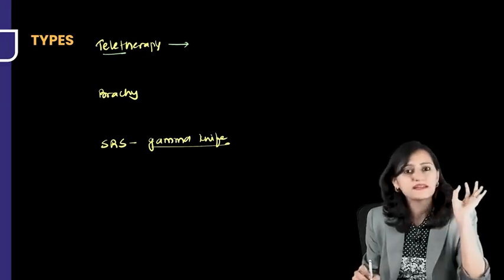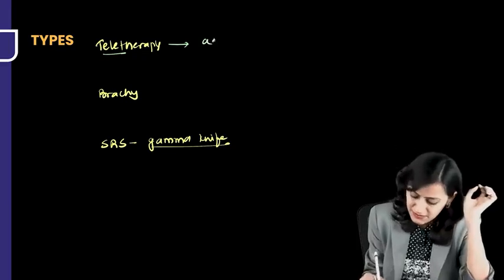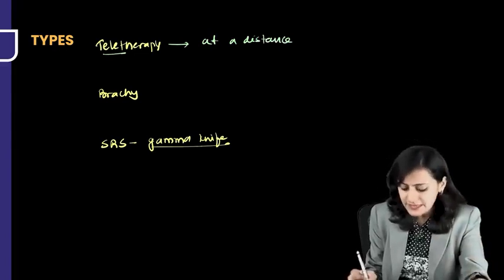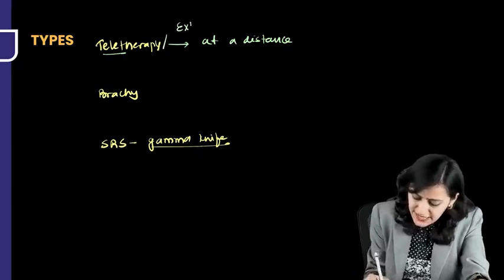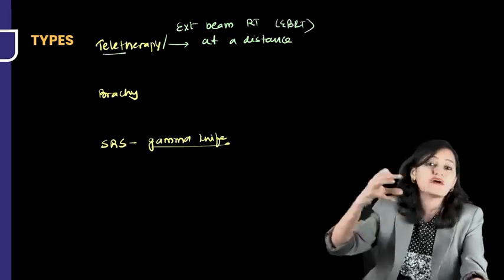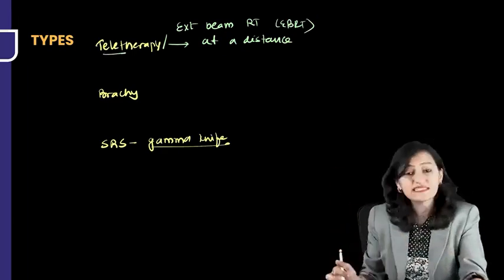Telescope, seeing something at a distance. So tele basically means at a distance. So the radiation source is away from the patient's body. So this is also called external beam radiotherapy, that is EBRT, because the beam is coming from outside. So this is teletherapy.